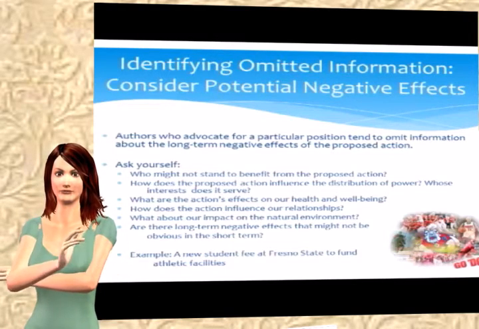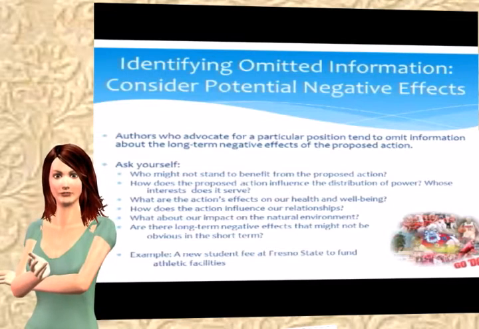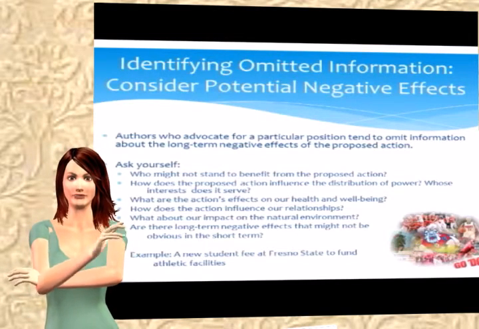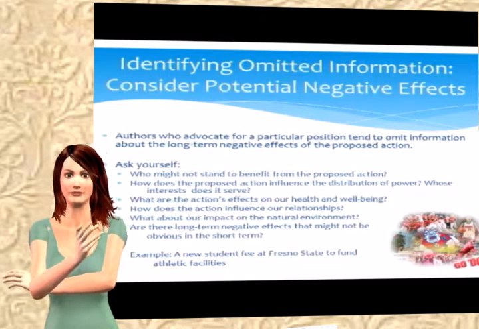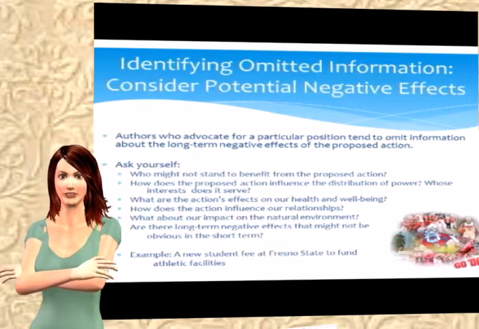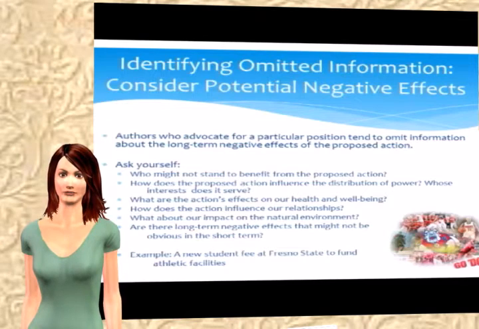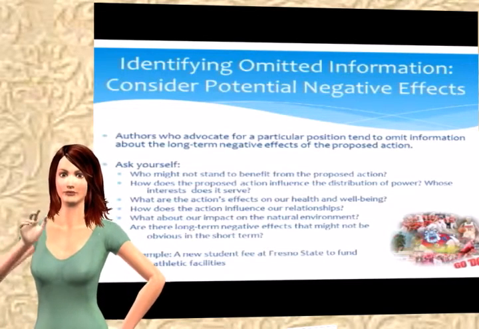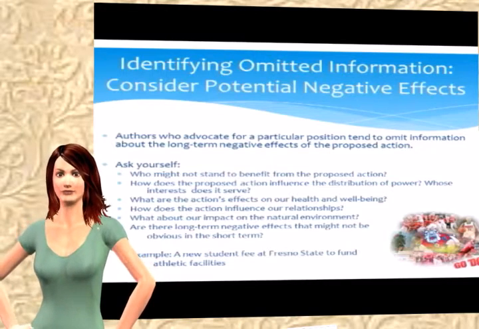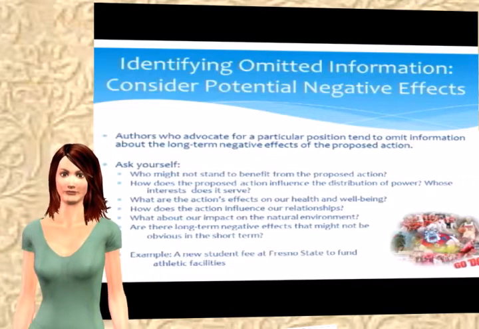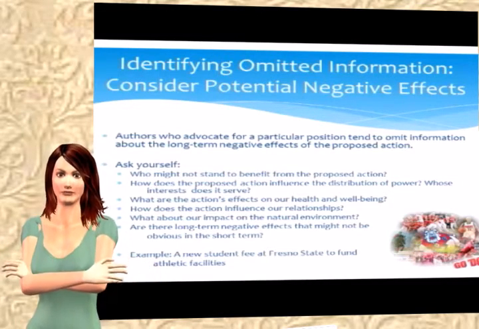This is going to attract revenue to the university because more people are going to come to our football games, our basketball games. This is going to attract really high quality students who want to play sports in addition to their academic experience here at Fresno State, right? These are all reasons that someone's trying to convince you that you all should pay this new fee to fund athletic facilities.